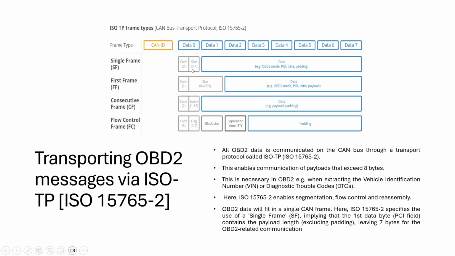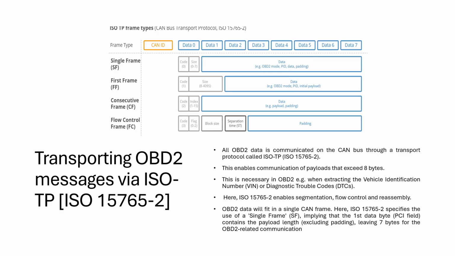If it is coded as 2, there are 2 bytes of payload in the single frame, or if it is 3, 3 bytes of information are communicated. So this first byte codes the size of the payload, and the remaining bytes give the payload data, which could be 1 byte, 2, 3, 4, 6 or 7 bytes.